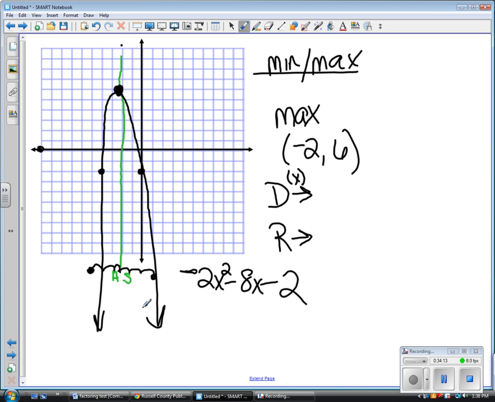The only thing that's going to be hindered is your range value. The range value, y, has to be less than what? What's this y value? So it has to be less than or equal to 6. I'm never going to have a y value that's 10. I'm never going to be able to plug in an x value and get 10 up here somewhere off of your y.